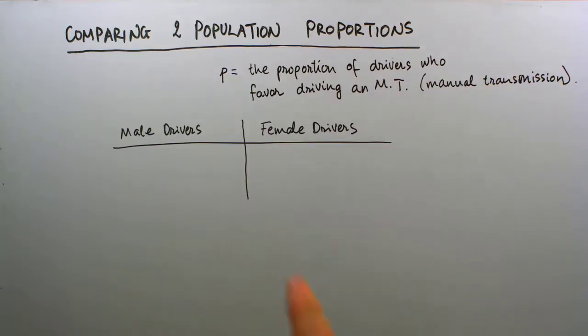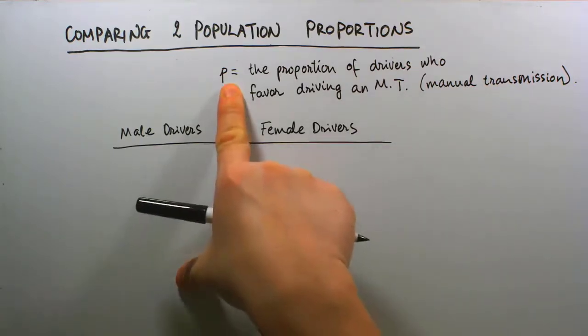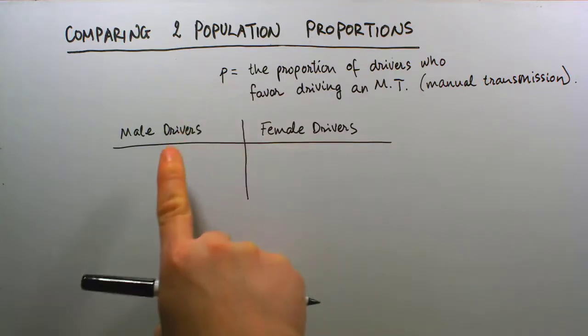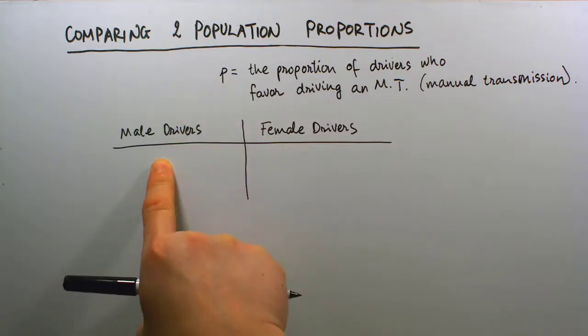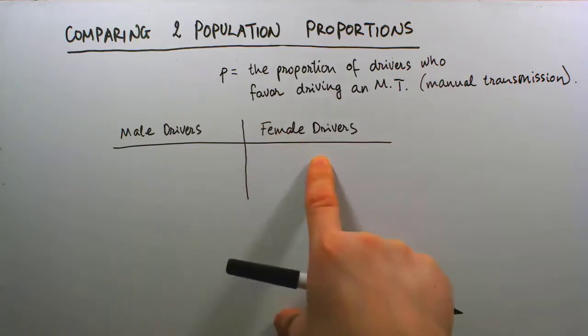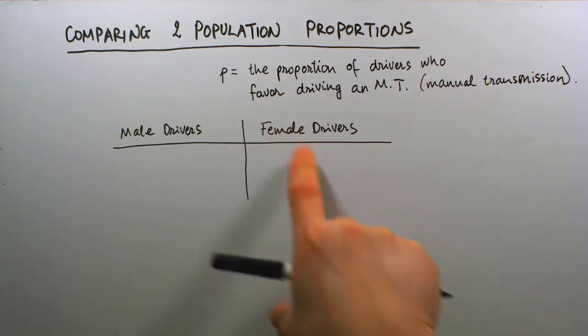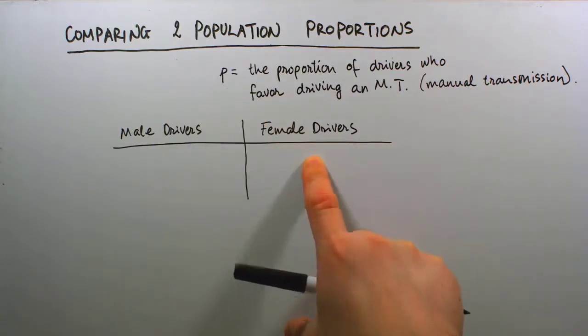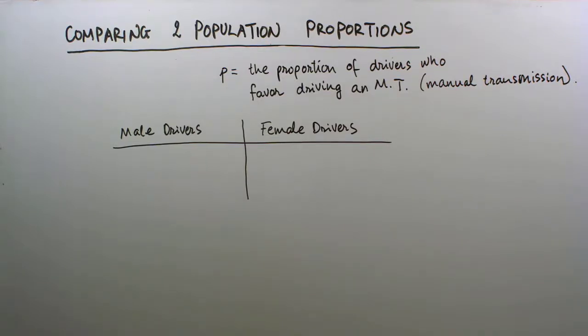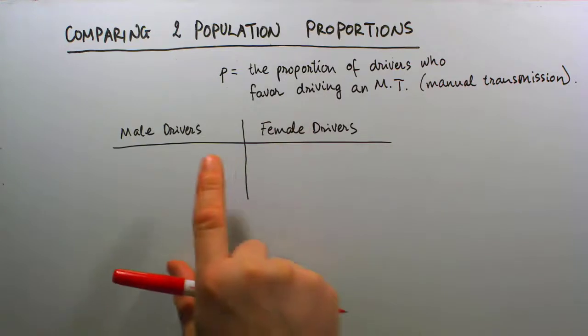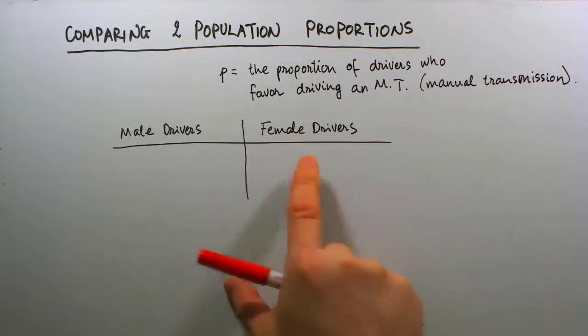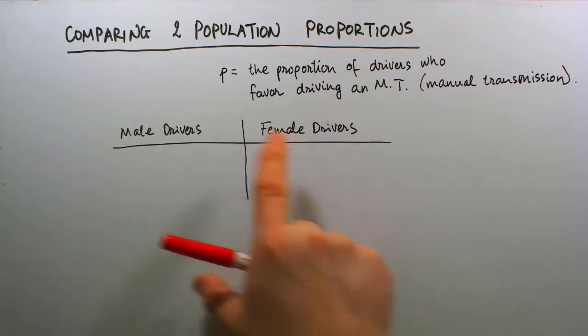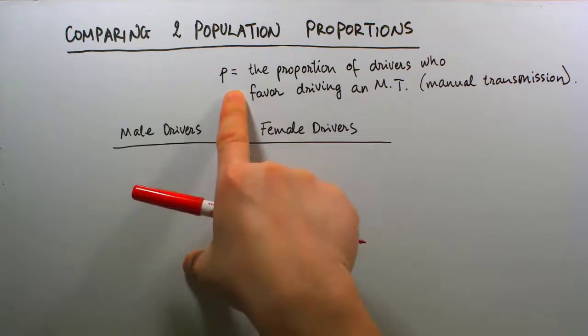And so now that general proportion can be looked for in the male drivers and also be studied in the female drivers as well. And so now in that matter, we need to find a way to keep our work organized, because we will be studying the same proportion here but in two separate populations.